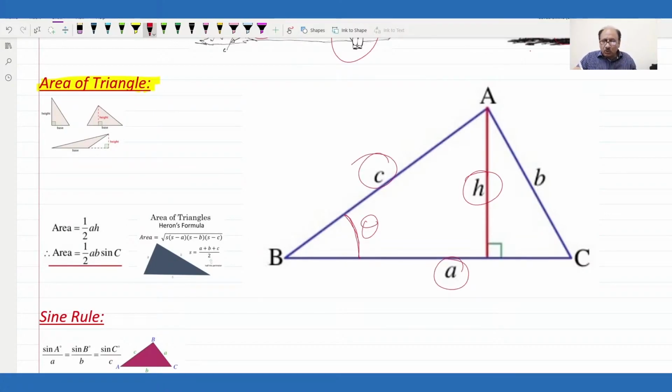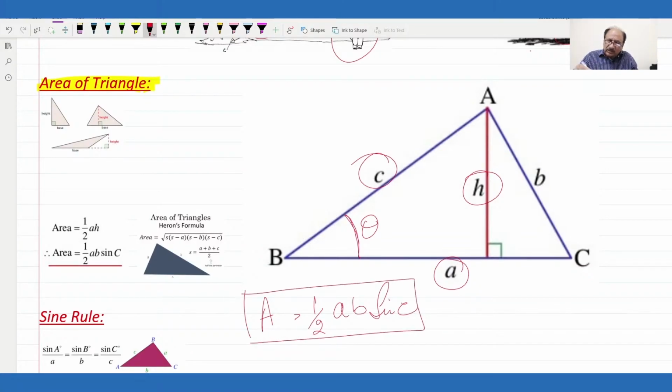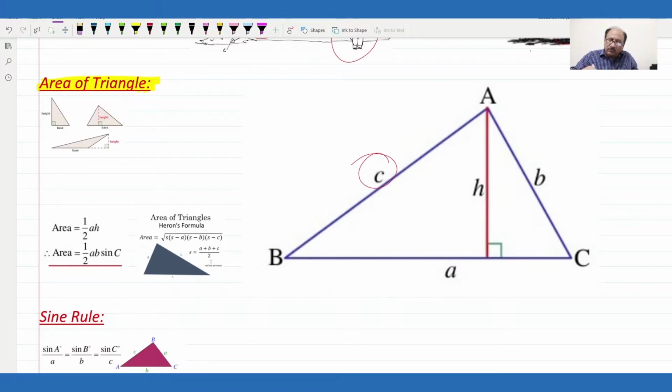So if two sides and the included angle are given, then you will have to use another formula: area will be equal to half into AB sine C. In this case, if you refer to this drawing, it will be AC, so I will write AC and sine theta. For this particular triangle I'm switching the formula, but in general you will be keeping half into AB sine C. This is the formula which is used.